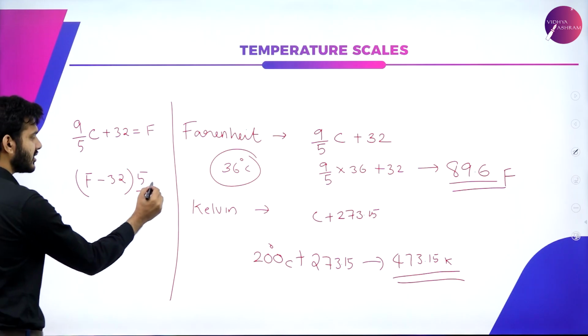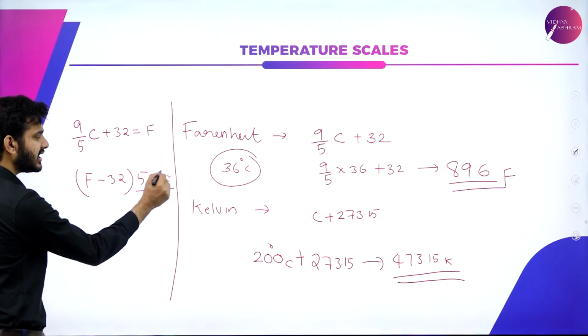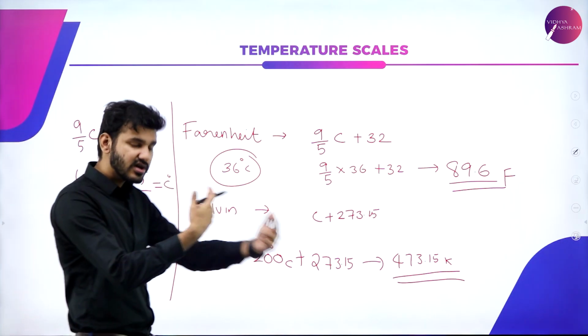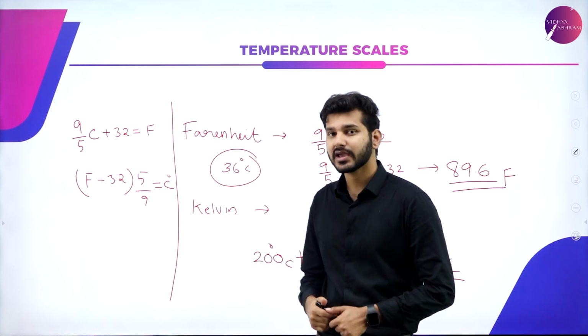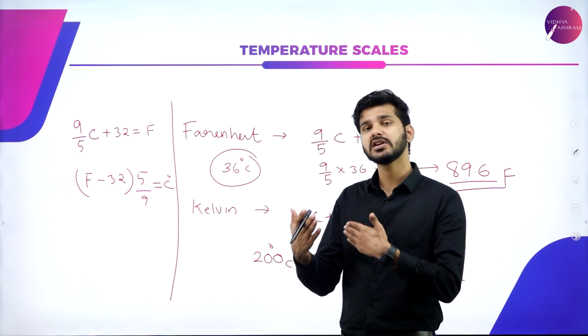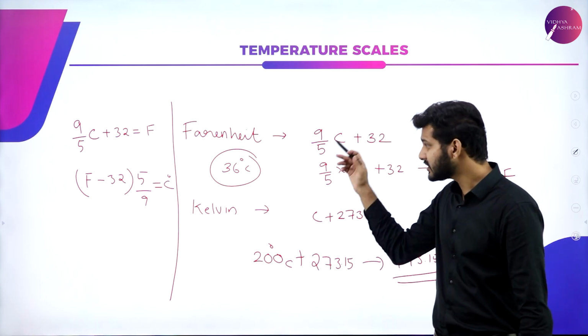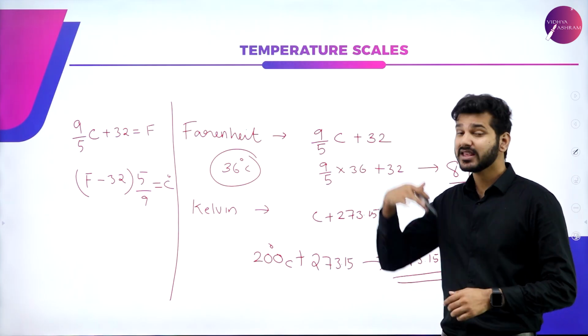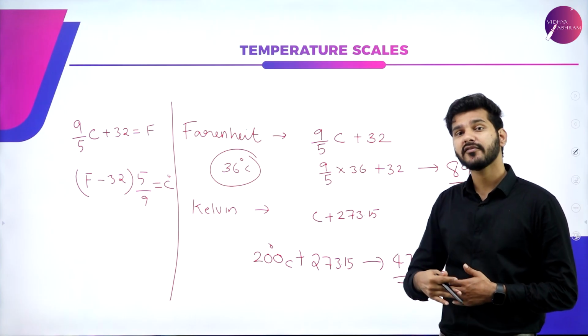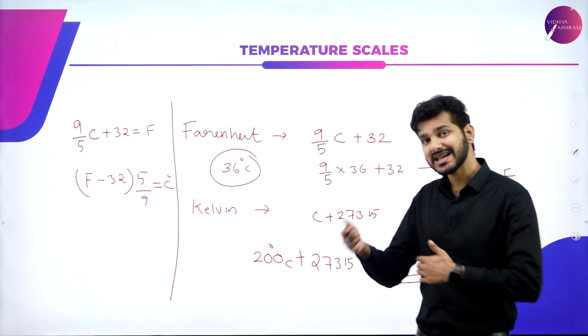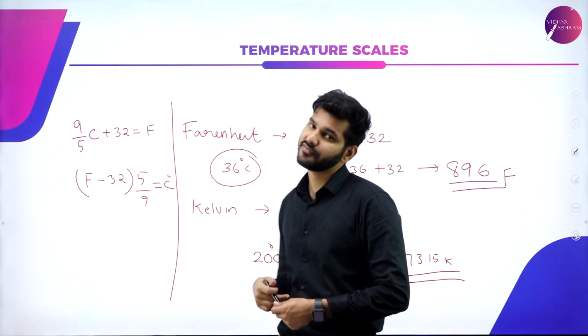Then you will get the reading in degrees Celsius. You just have to rearrange the equation to convert one temperature scale into another. So using these two equations, you can convert these three scales from one to another, interchanging those values.